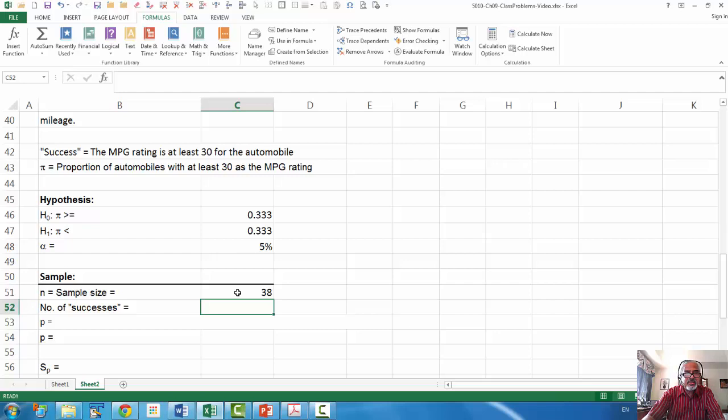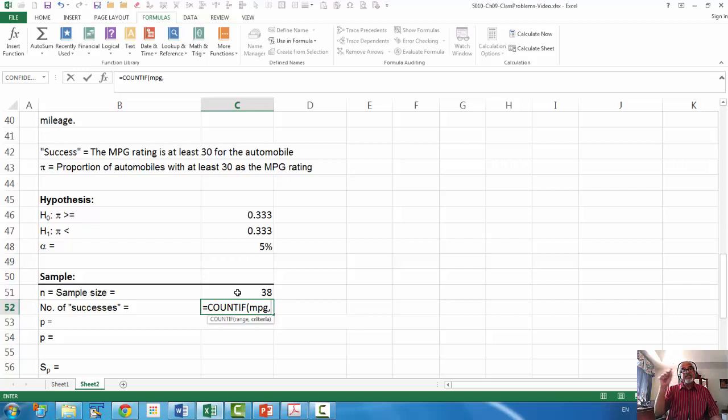The number of successes here, we're going to do a COUNTIF. Remember, we did a COUNTIF for number of cylinders in chapter 8. It was a particular number, so we just did comma 6. But now it is not a particular number.